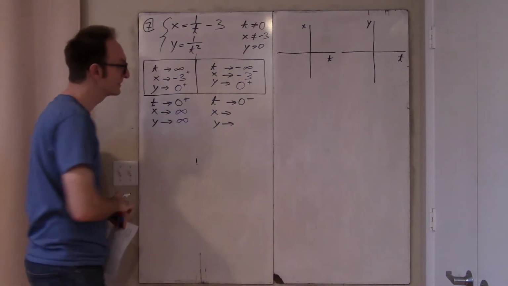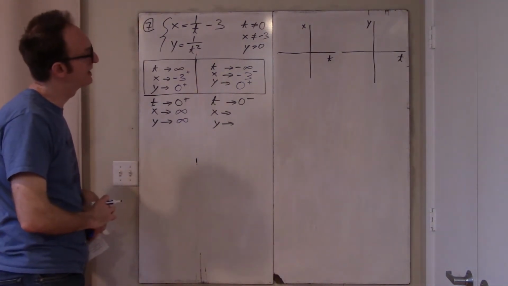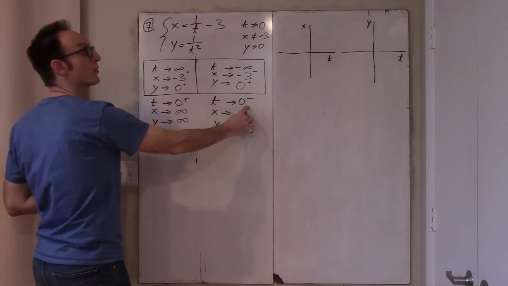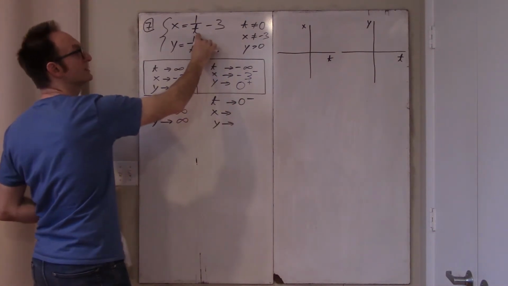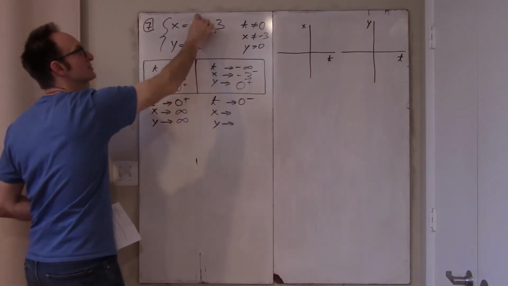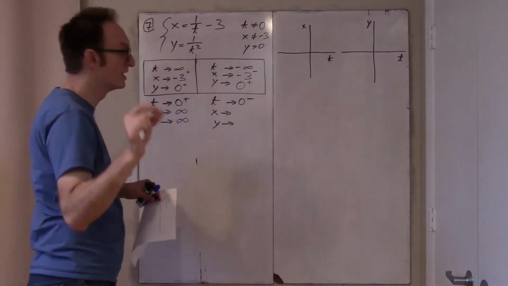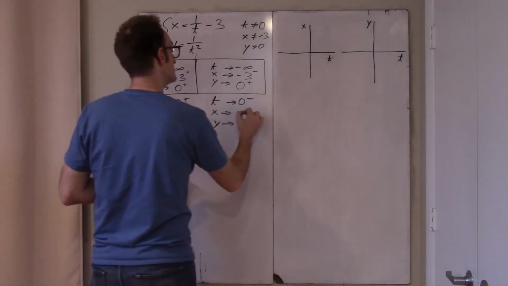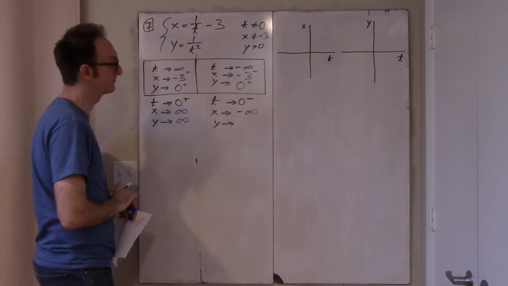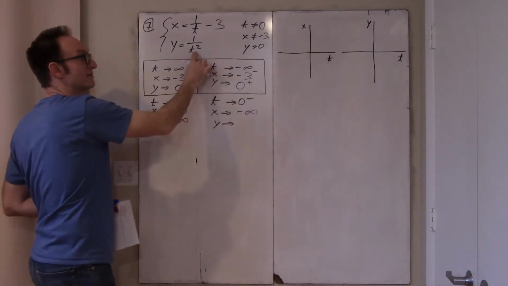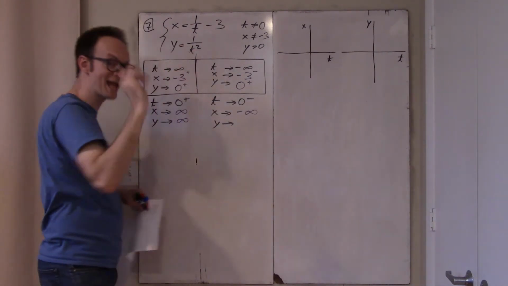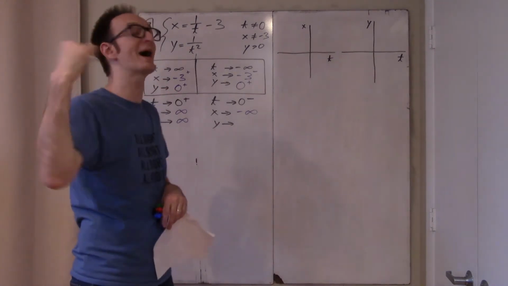And as t approaches 0 minus, which is to say, when t is a tiny negative number, what is 1 over a tiny negative number? It's a huge negative number. So x is going to negative infinity. And if t is a tiny negative number and you square it, it becomes an even tinier positive.